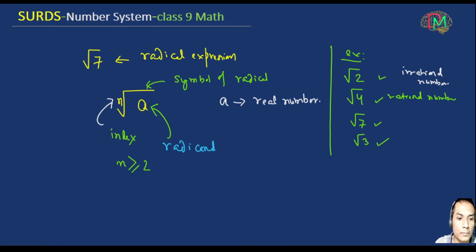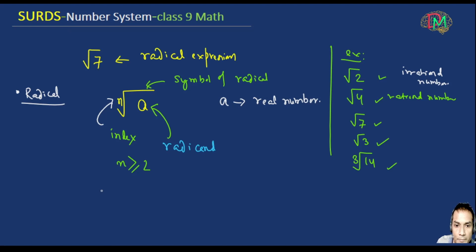Clear? So in the algebraic expression, where these root symbols are there, cube root, fourth root of some number. So I give you more examples here. If I told you 3 root 14, it is also a radical like this. So these are the examples of the radical.